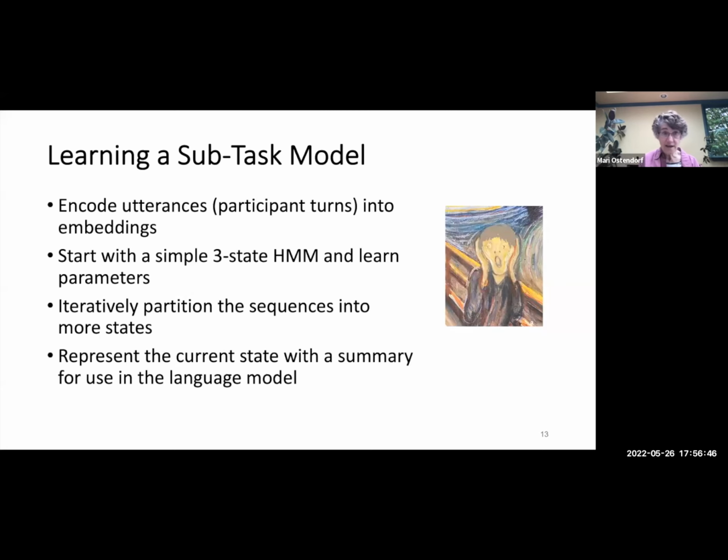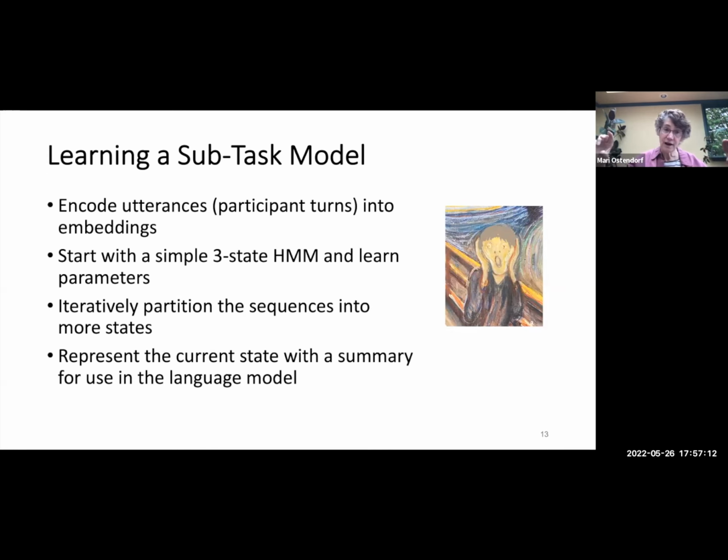You take the participant turns or utterances, and you can encode them into embeddings. We know how to do that. So you have a sequence of turn level embeddings, and we can take basic hidden Markov model learning technology, heaven forbid hidden Markov models, but yes, they still can be useful because they do describe this nice task-oriented structure.